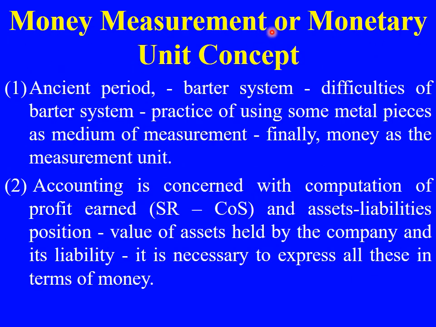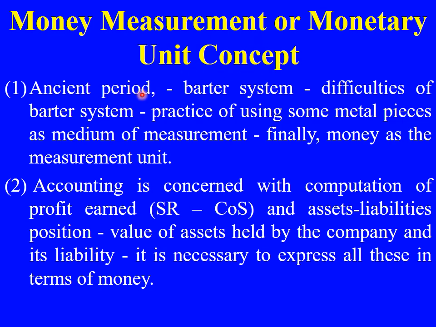Next we have the money measurement concept. What does it speak about? The money measurement concept basically says you need to record transactions which are monetary in nature. That is the core concept of money measurement, or the monetary unit concept.